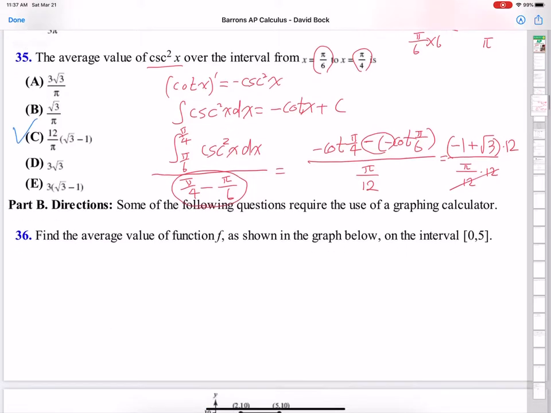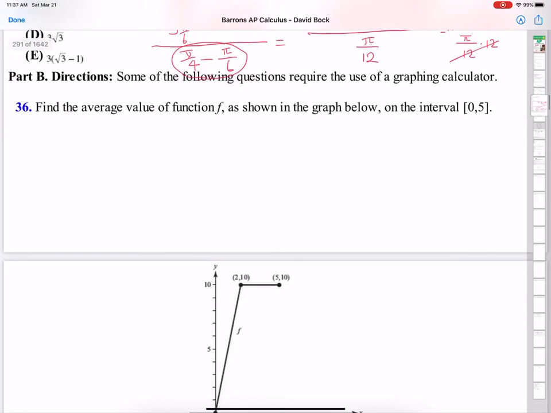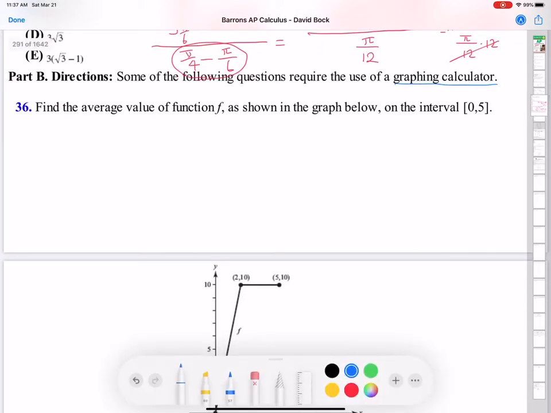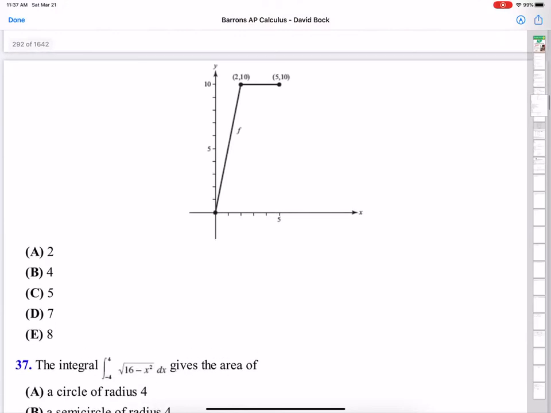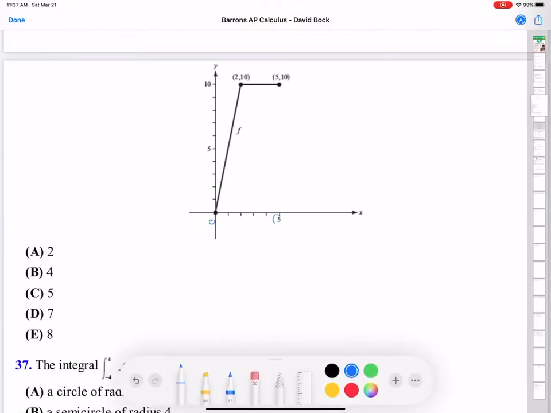Next problem, number 36. This is a graphing calculator section problem. Find the average value of the function f shown in the graph below on interval 0 to 5. 0 is here, 5 is here. So integral 0 to 5 f(x) dx over 5 minus 0.